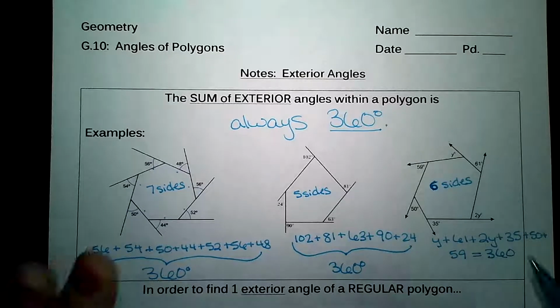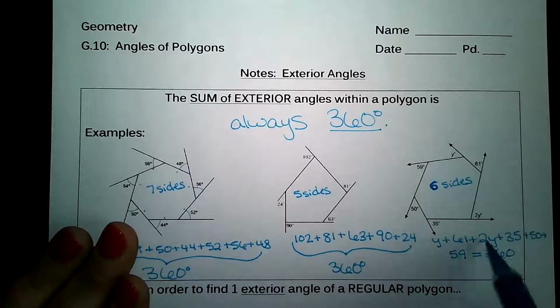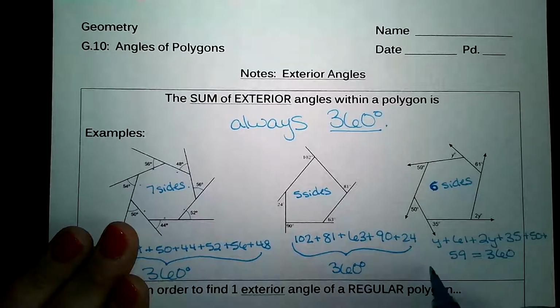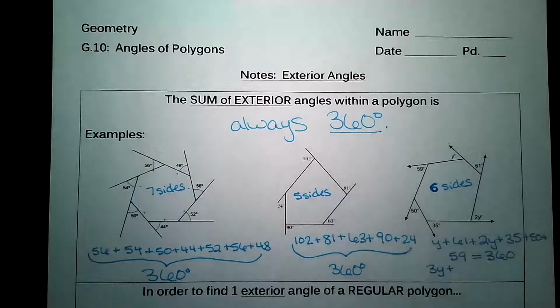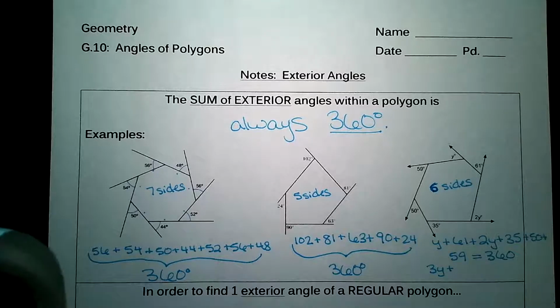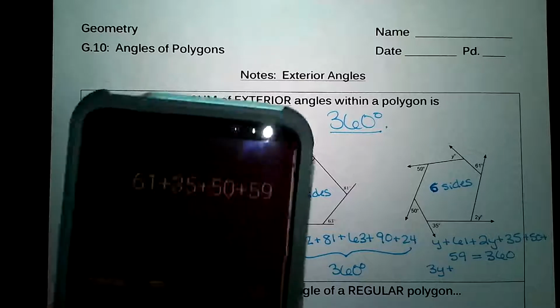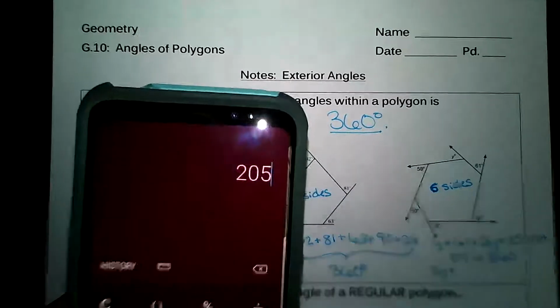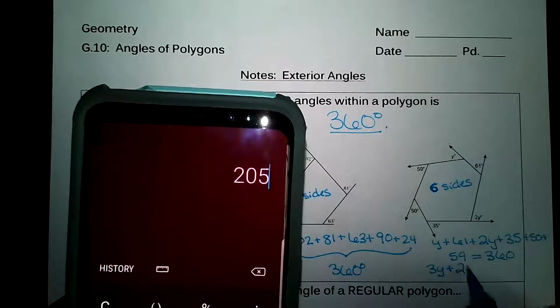Well, we have a little algebra this time, so let's combine like terms. 2y plus 1y is 3y. Now, let me grab my calculator because I'm going to combine all these numbers together. 61 plus 35 plus 50 plus 59 totals 205.